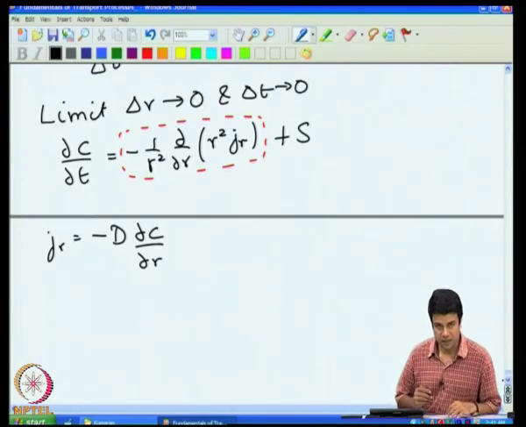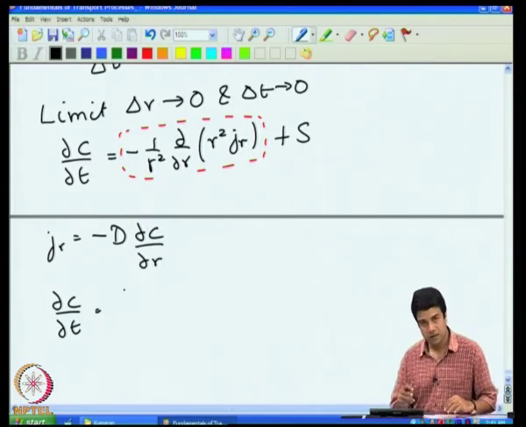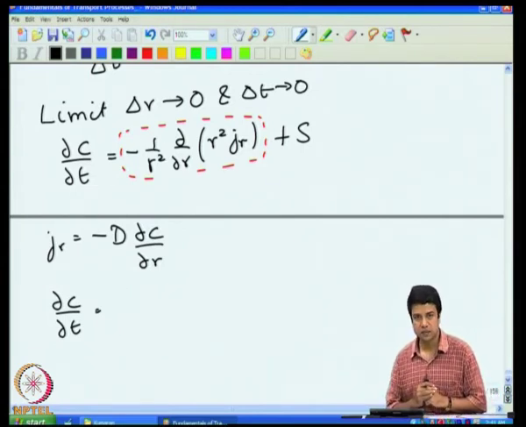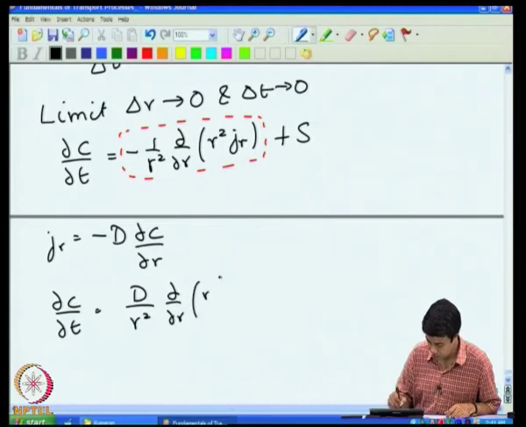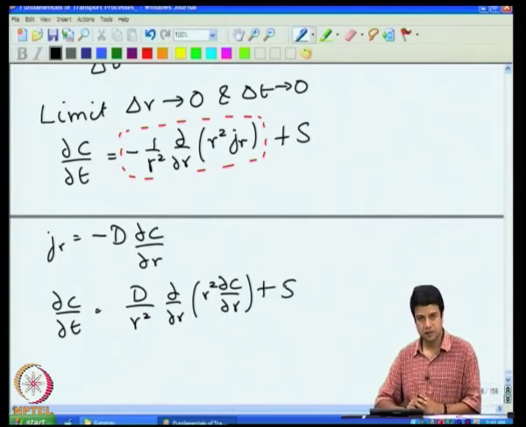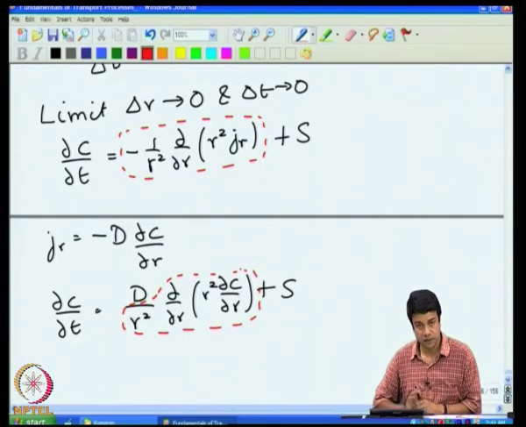So, once I put this in, I will get dC by dt is equal to, I will assume here that the diffusion coefficient is independent of position, D times 1 over r square d by dr of r square dC by dr, plus any sources or sinks. Note this operator here, acting on the concentration. It is equal to diffusivity times 1 over r square d by dr of r square times dC by dr. So, this is the equivalent of the diffusion operator in a spherical coordinate system.